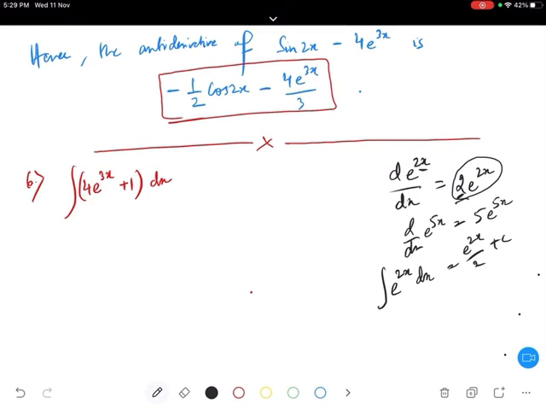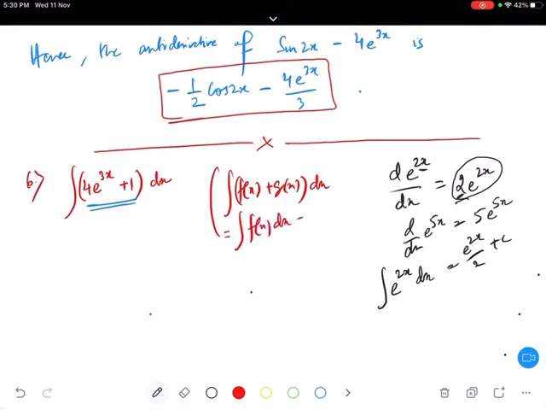So here, I have to integrate this one, 4 e to the power 3x plus 1. Now what will I do? I already told you one of the properties of integration. I see a plus sign between 4 e to the power 3x and plus 1. So when I see that plus sign, I think of the property which you have learned, that integration of fx plus gx dx is equal to integration of fx dx plus integration of gx dx.